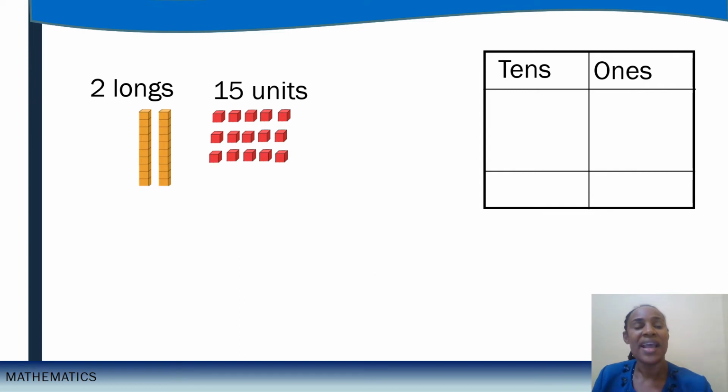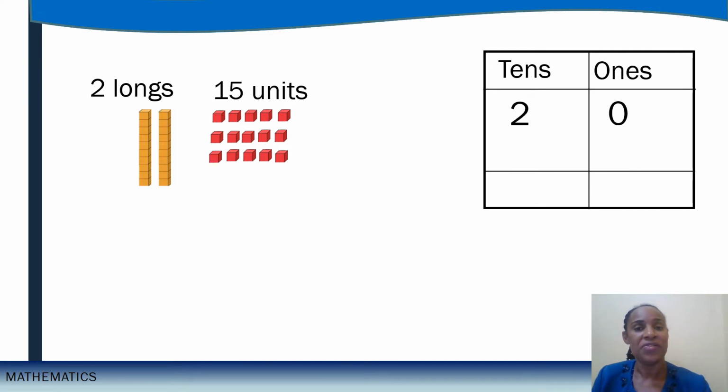If you say 2 longs has a value of 20, that is correct. Remember now, 1 long equals 10, and 2 longs would be equal to 10 plus 10, which gives us 20. So we will write 2 in the tens place and 0 in the ones place.